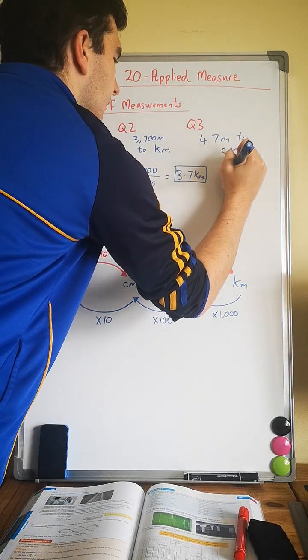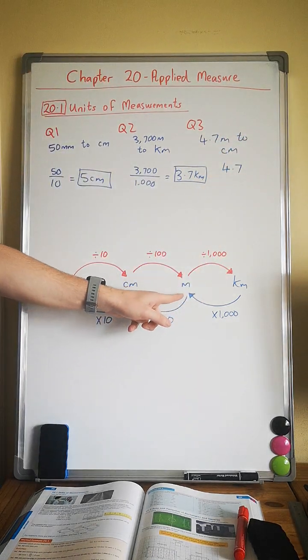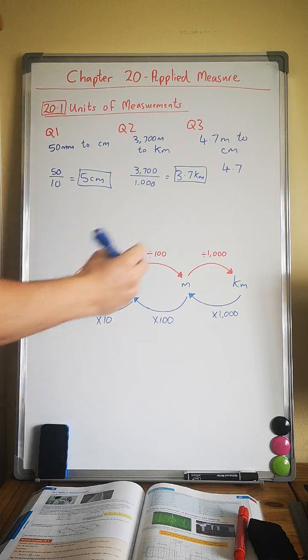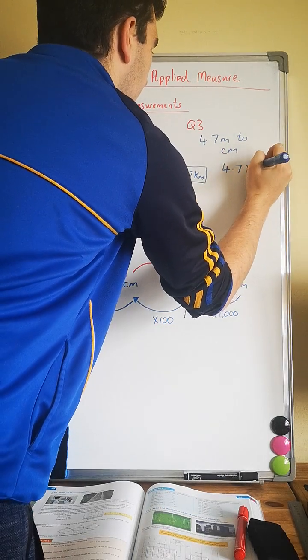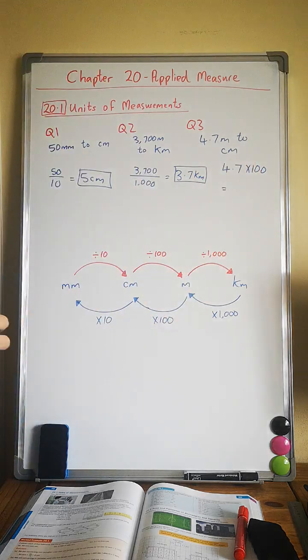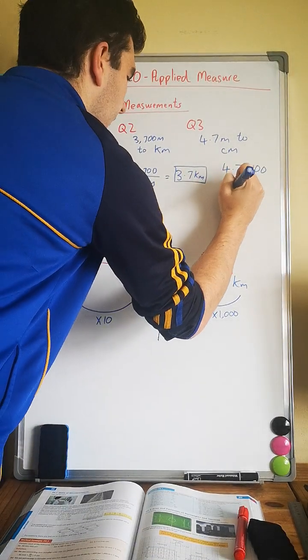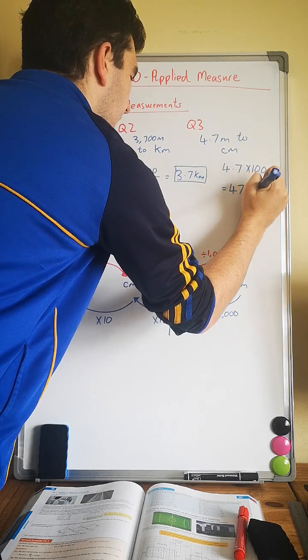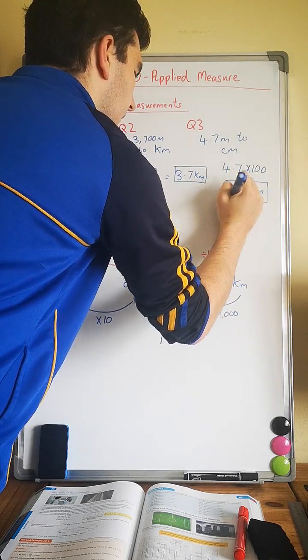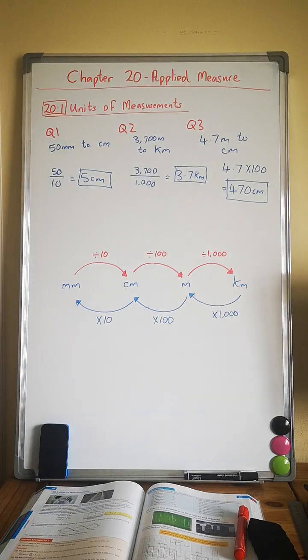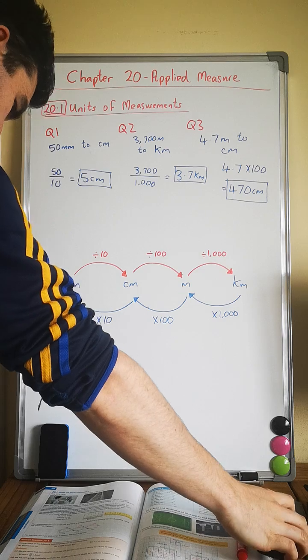To go backwards from meters to centimeters, you multiply by 100. So 4.7 meters multiplied by 100, so it's going to be a much bigger number. You can do it in your calculator, 470 centimeters. Hopefully most of you got 3 of those, maybe 2.